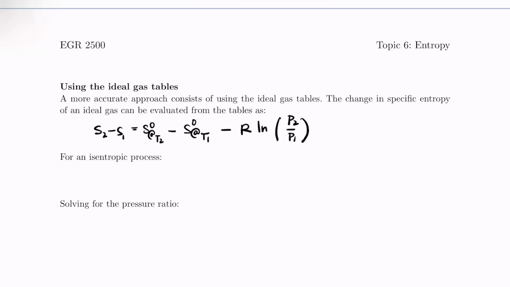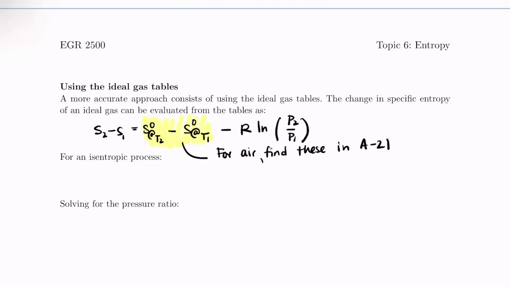Remember, these two things are found in the table. So for air, find these in table A21.